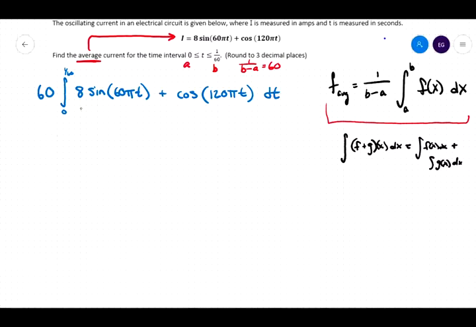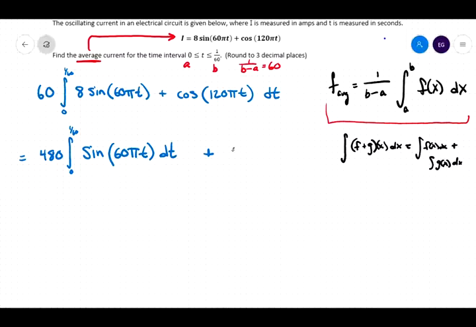And so for the sine function, we have a 60 times 8, so that's 480 times the integral from 0 to 1 over 60 of the sine of 60 pi t dt. And then plus, we have 60 times the cosine.